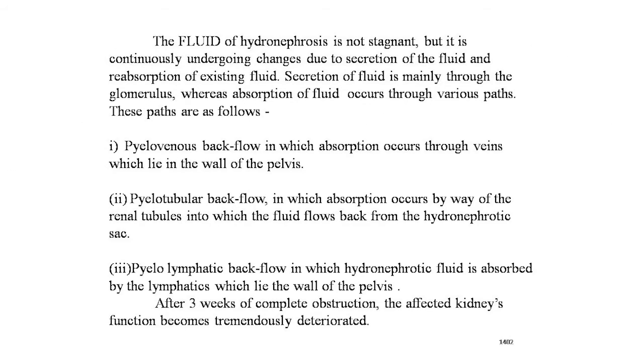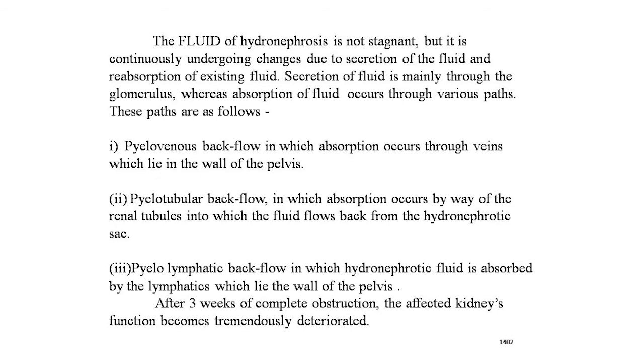Now, the fluid of the hydronephrosis is not stagnant, but is continuously undergoing changes due to the secretion of the fluid and reabsorption of the existing fluid. Secretion of the fluid is mainly through the glomerulus, whereas the absorption of the fluid occurs through various paths. These paths are as follows. First is the pyelovenous backflow, in which the absorption occurs through veins which lie in the wall of the pelvis.